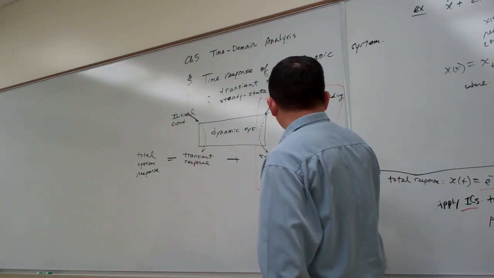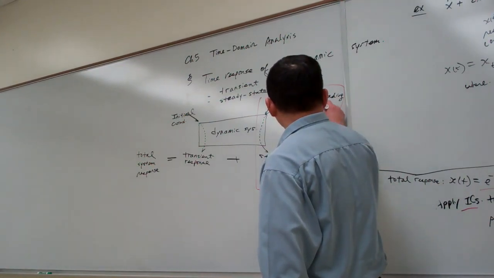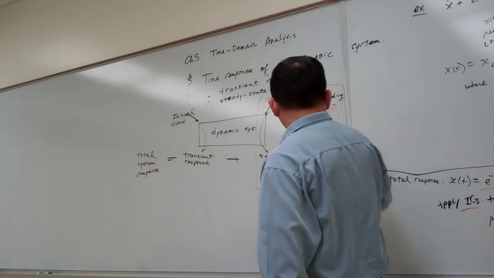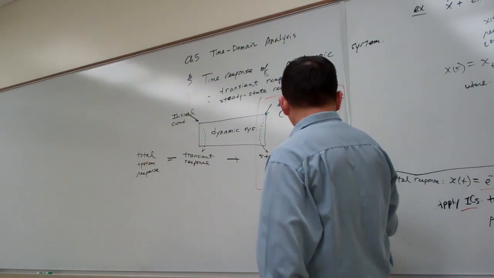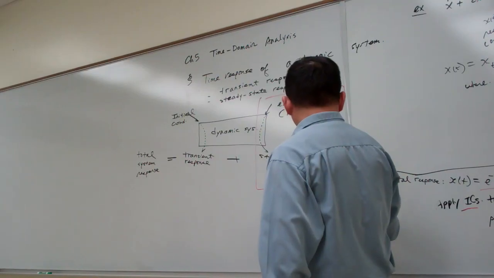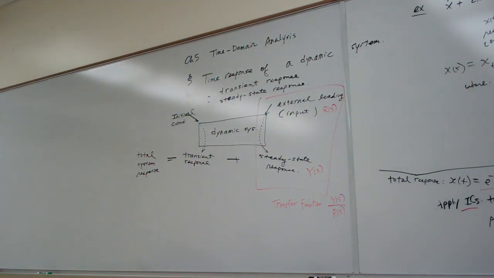Let me call this y of s, and this one r of s. So the transfer function is y of s divided by r of s. Which means if you want to determine the transfer function, you simply exclude the influence of the initial conditions, so you just ignore those portions in your Laplace transform.